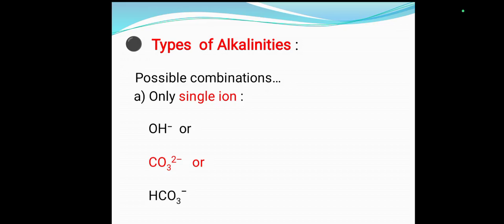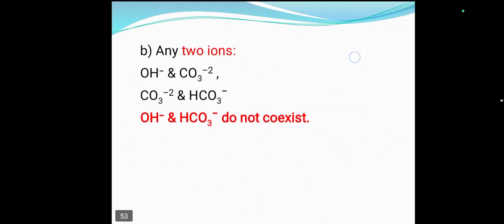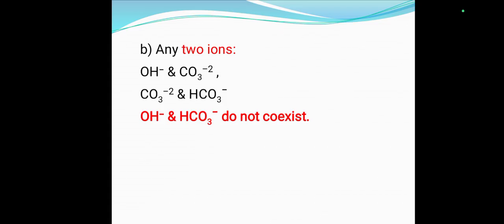Second possibility, any two ions: OH minus and CO3 2 minus, that is hydroxide and carbonate, present together; carbonate and bicarbonate; and hydroxide and bicarbonate. These last two alkalinities will not stay together, they do not coexist.